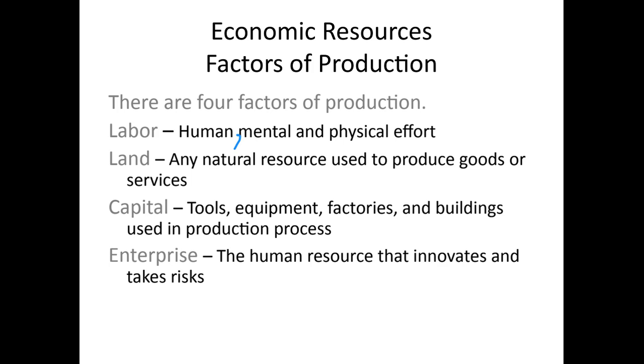So any natural resource used to produce goods or services. Sometimes instead of land, we write natural resources. And that is why, because the short term for labor is L, but land is also with L. That is the problem. So we write land as N, and by N I mean natural resource.